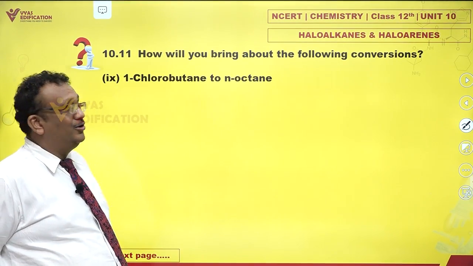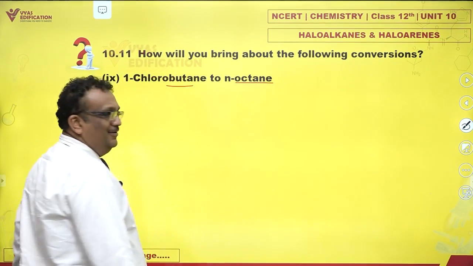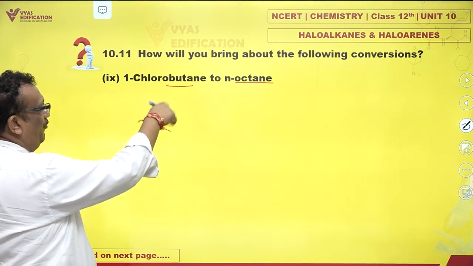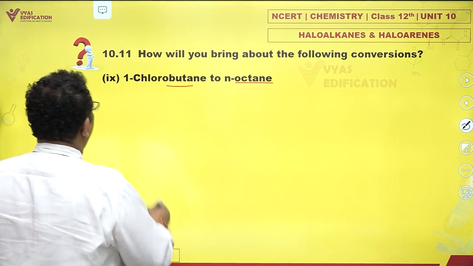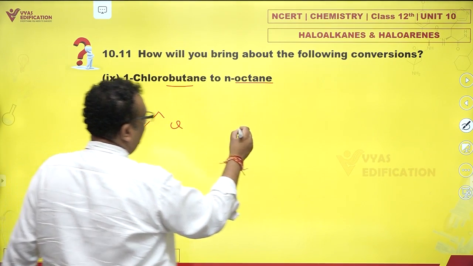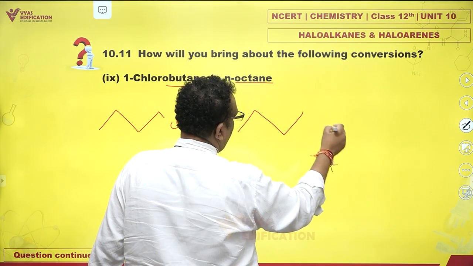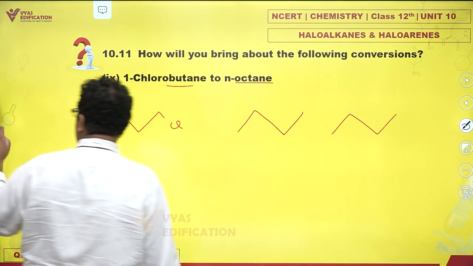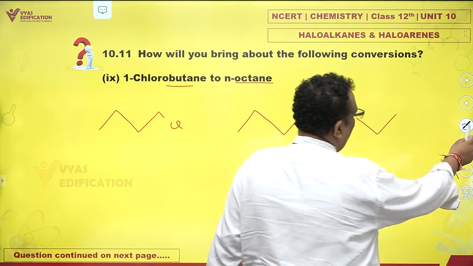1-chlorobutane to n-octane. Just imagine butane to octane. From 4 to 8, you are doubling it, that means you are coupling it. You have Cl and I hope you can imagine what is exactly happening.